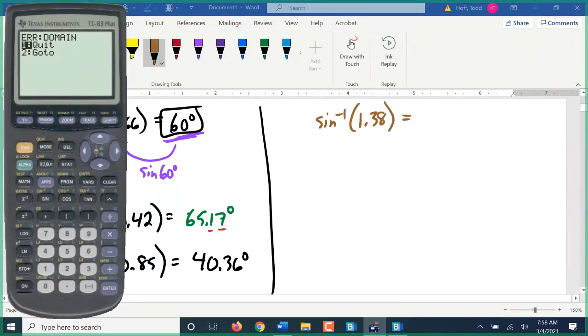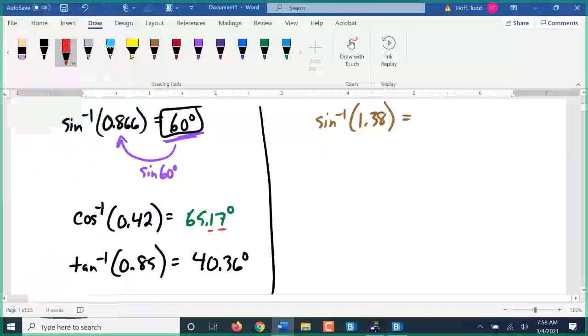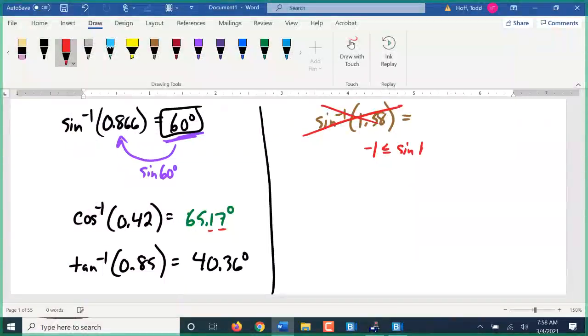Why is that? Well, because the sine of A always has to be between -1 and +1. We cannot have a sine of 1.38. So we cannot take an inverse sine of 1.38. There is no angle that will give us that sine.